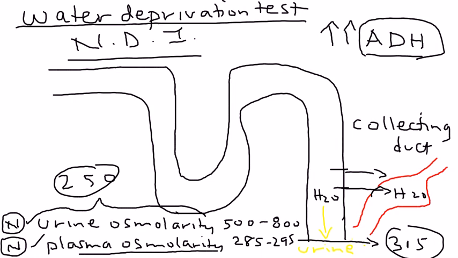This deprivation test is very, very important. You have no change in the urine osmolarity. Urine osmolarity, even with this water deprivation test, does not go up like you would expect. So that's that. Then what's the next thing that you do? The next thing that you do is you give ADH.